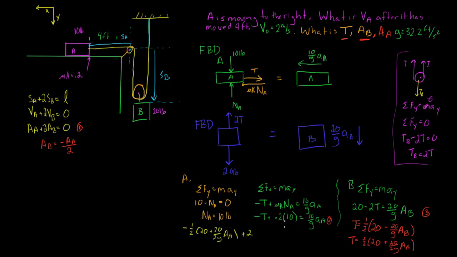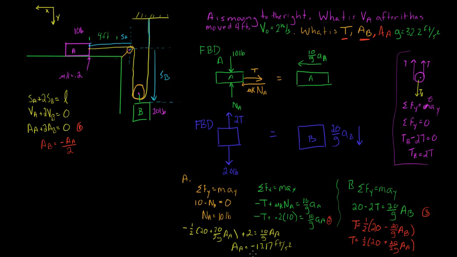This 10 times 0.2 is just 2, is equal to 10 divided by g times a_A. And we can now solve for a_A. We only have one variable, and the acceleration of A is going to be equal to minus 17.17 feet per second squared.